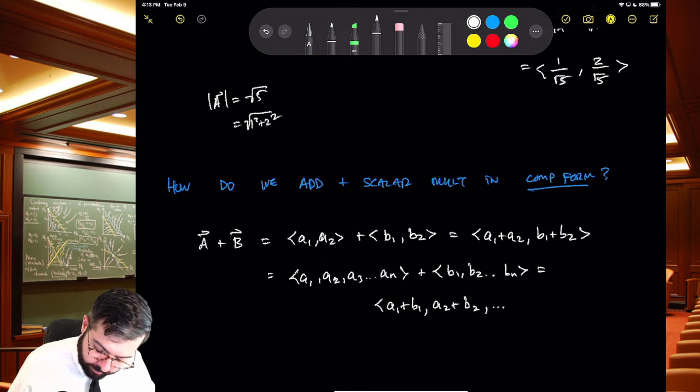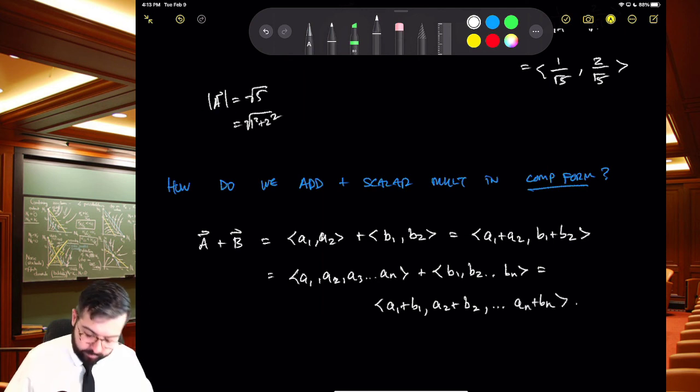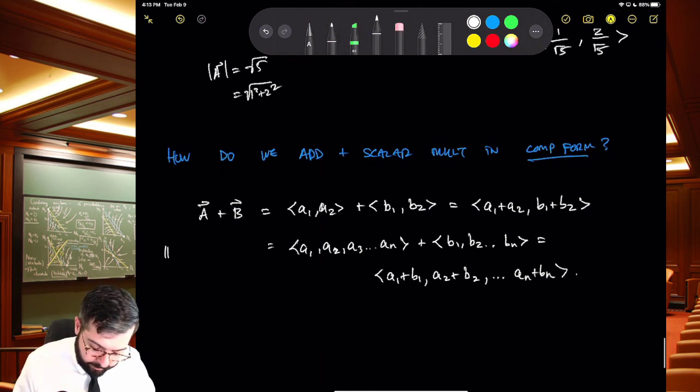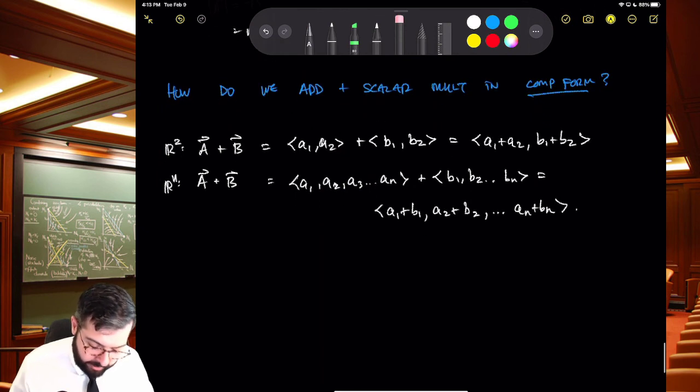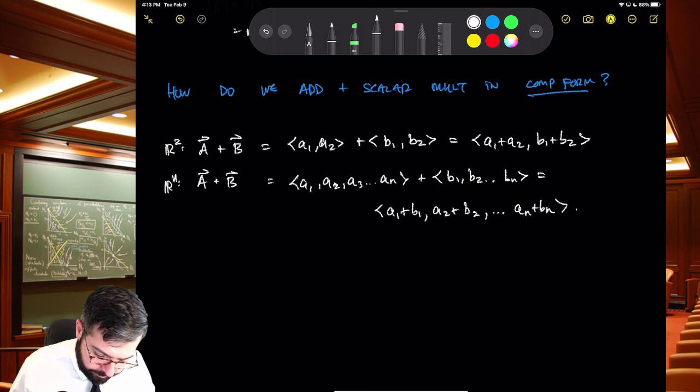X direction, Y direction, and the N direction. Okay. That's how we add things and how we scalar multiply.